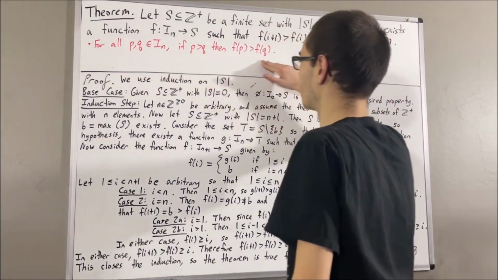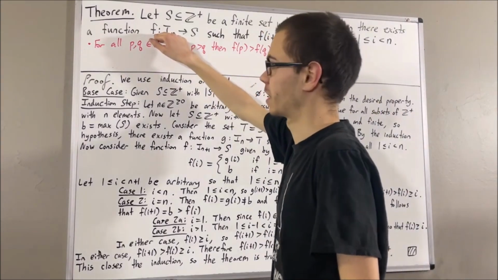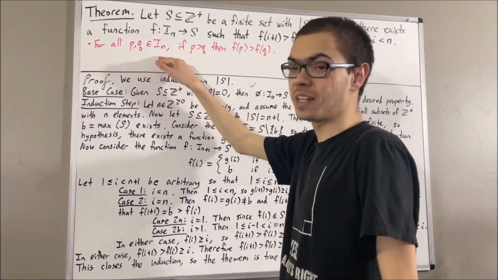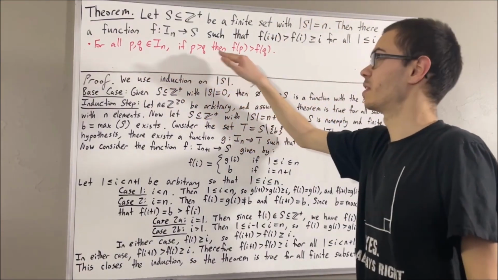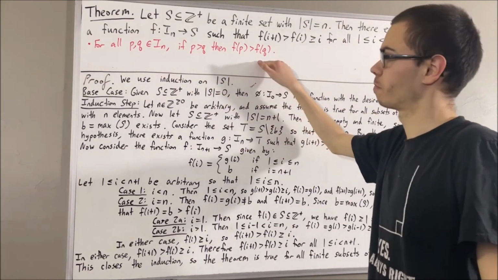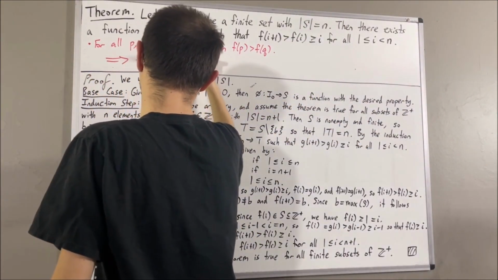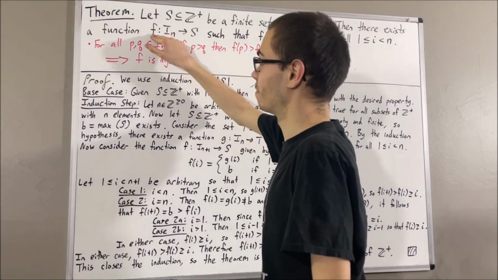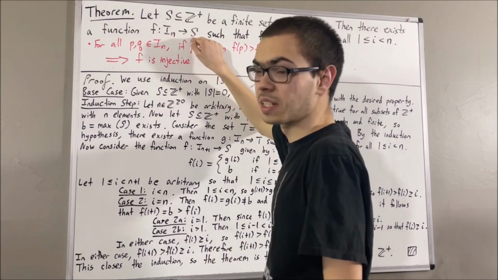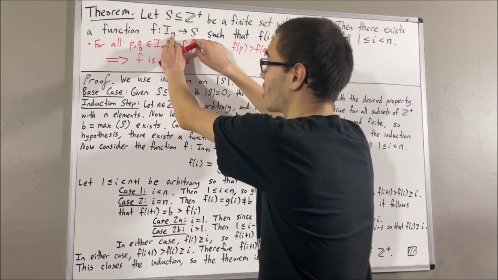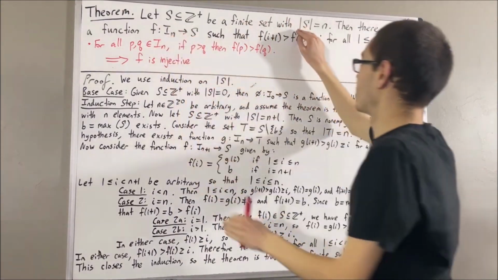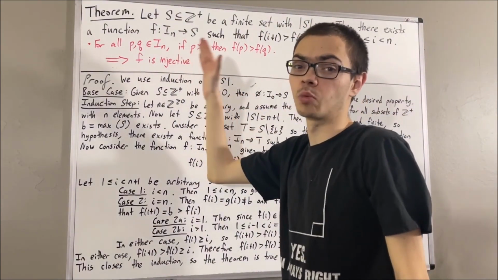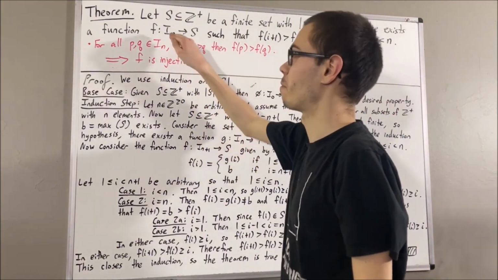And this immediately tells us that f is injective, because it is certainly true for all integers p and q in I_n, if p is not equal to q, then f of p is not equal to f of q. So f is an injective function from I_n to S. And I_n and S are both finite sets with the same number of elements. So that implies f must be surjective as well. So f is a bijection from I_n to S.